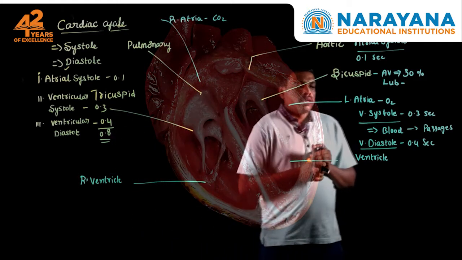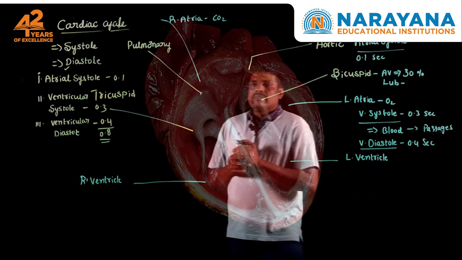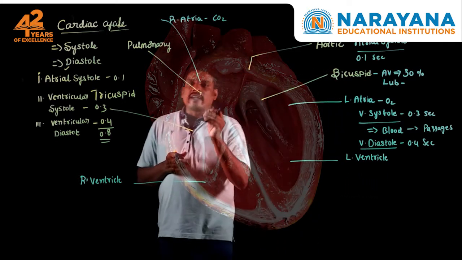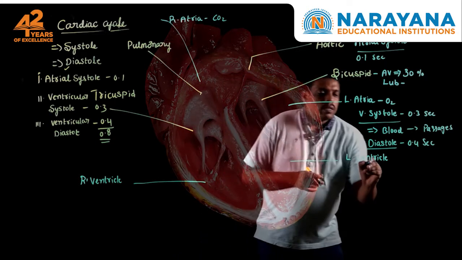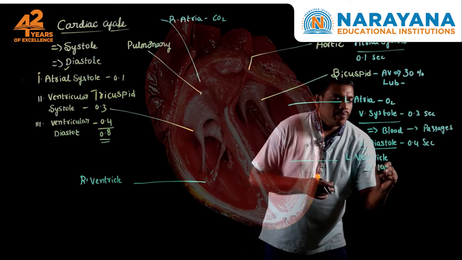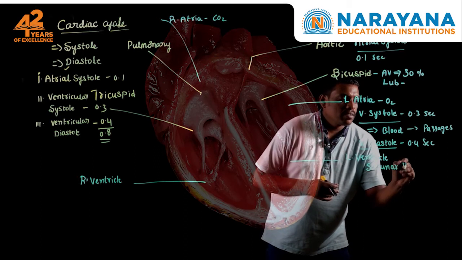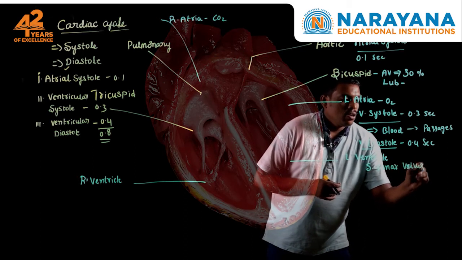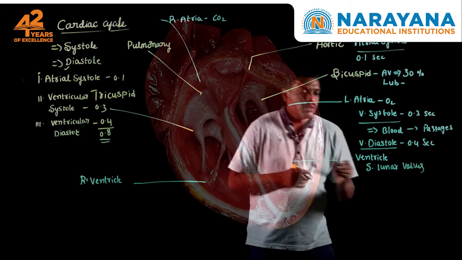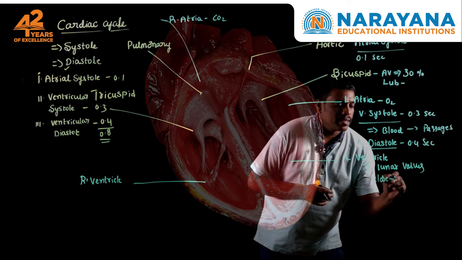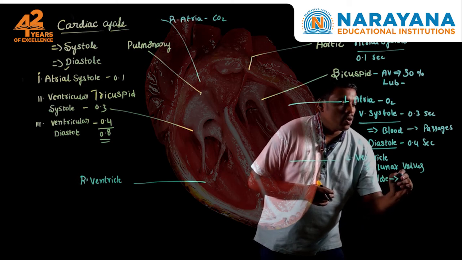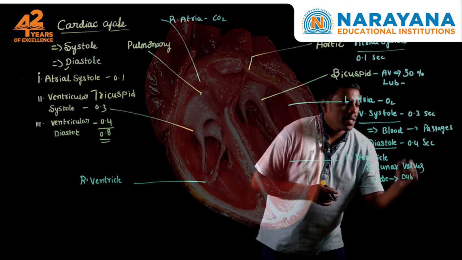At that time, blood from their respective passages tries to enter into the ventricles again. At that time, the semilunar valves slowly close and exert the second heart sound called dub.